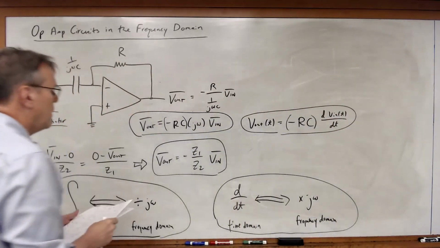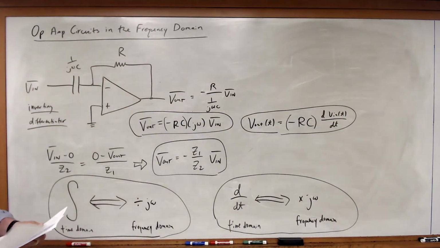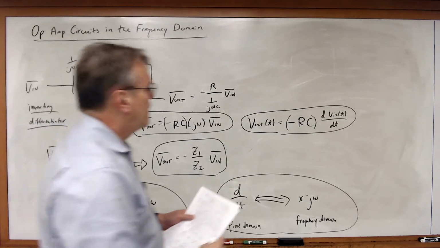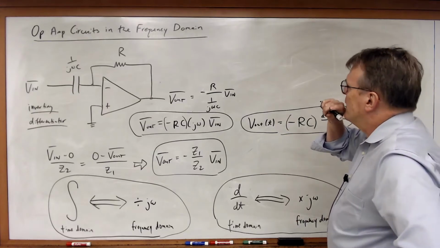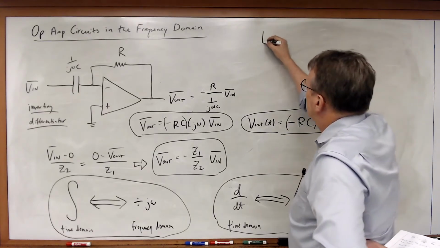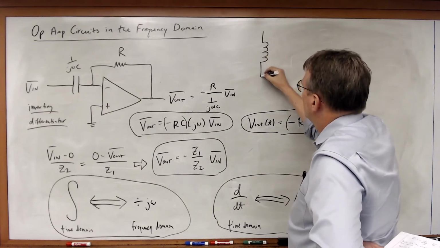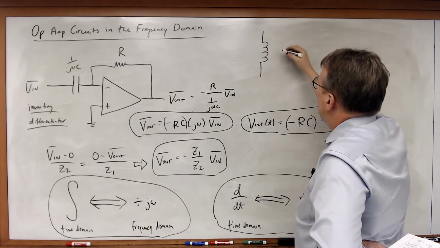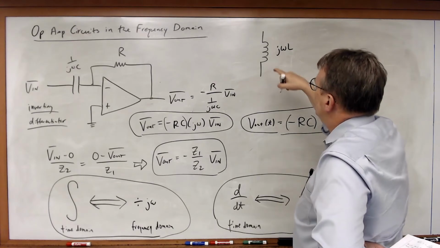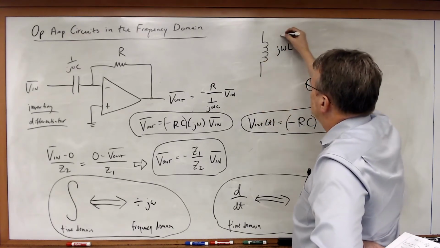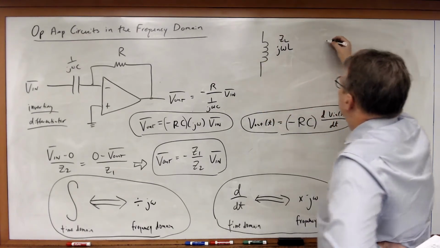Now, let's also consider a couple of other interesting little insights here. And this is always worth pointing out. When we think about this, we know that an inductor acts like j omega L in the AC domain. That's what our impedance is.